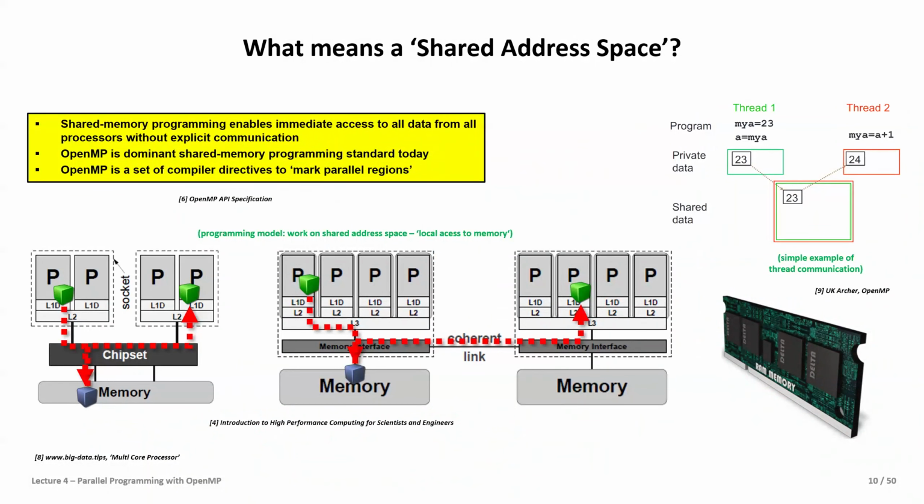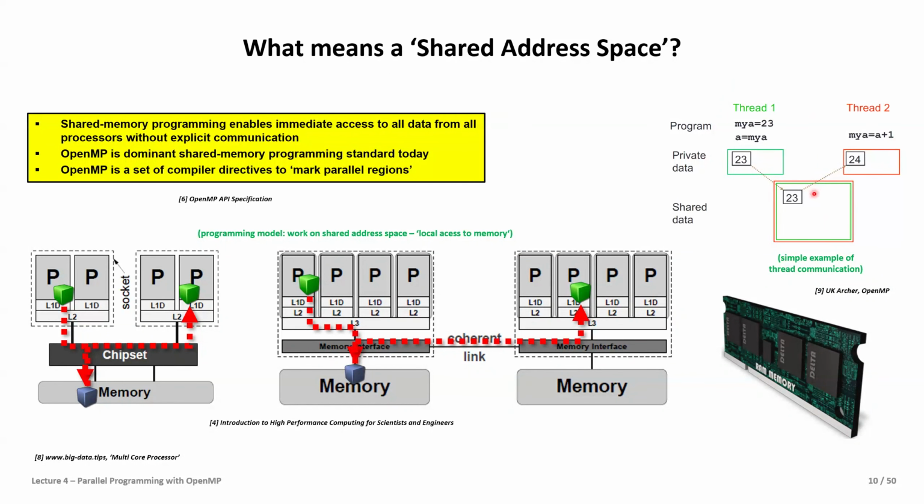So we also have to talk a bit about the shared address space, but I think many of you who had the basic lectures in computer science should know a little bit about this. You have here two examples. You have two threads, which have their own data, right? And their own stack with all the data. During the execution, they have their own private data per thread, and maybe the same variables.